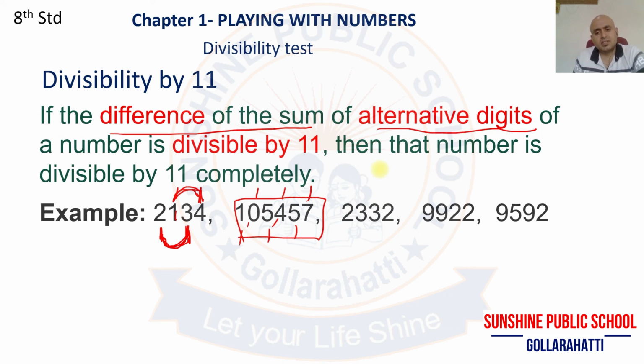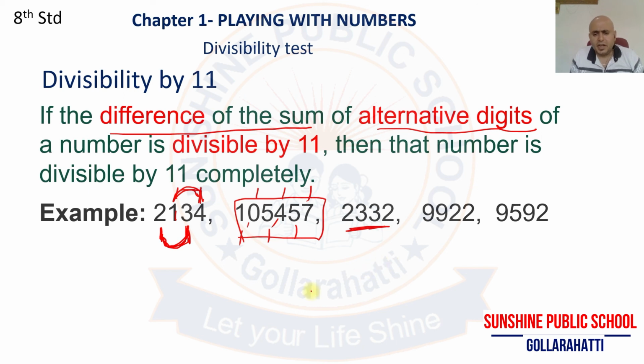And you can say that a 4-digit palindrome is always divisible by 11. Whatever number it is, if it is a 4-digit palindrome, it is completely divisible by 11. It is of the form ABBA, reading from either side it is ABBA. That is why it is called a 4-digit palindrome.